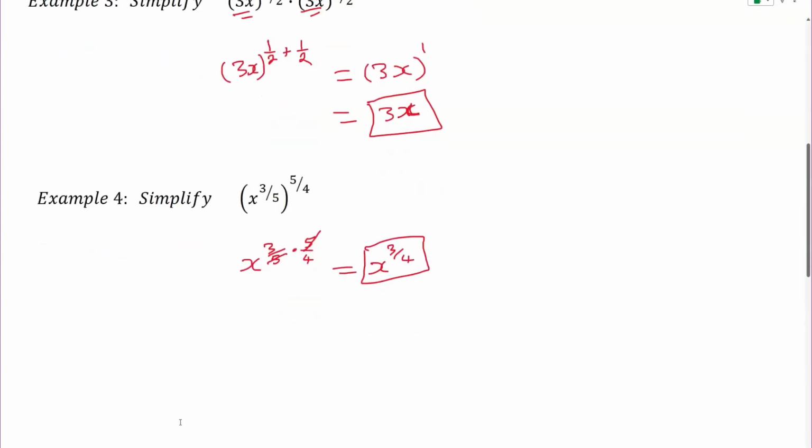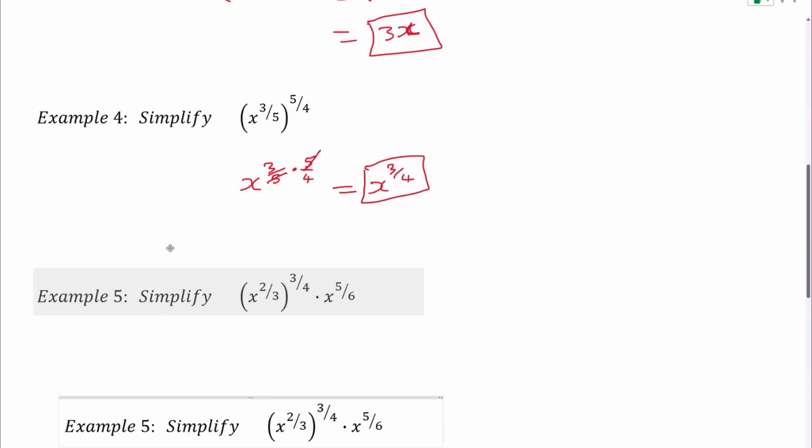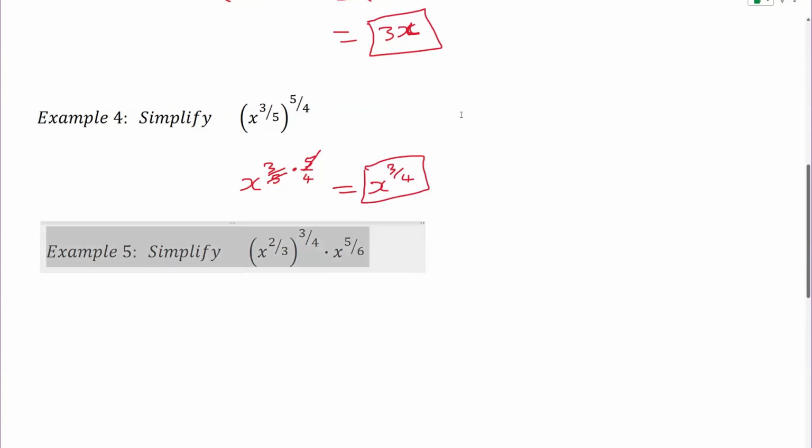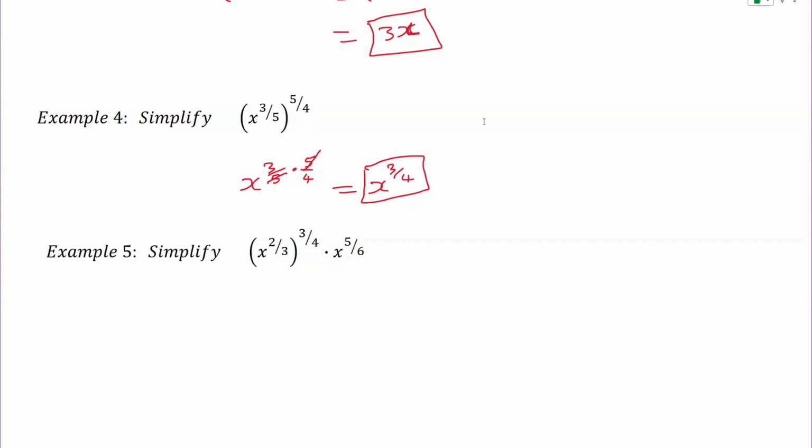All right, another example is now you want to simplify x raised to the 2/3, all raised to the power 3/4, and then you have to multiply that by x to the 5/6. So the process is the same. We're going to do this part first. It's a two-part problem, right? One exponent raised to another exponent, and then we want to multiply. So we're going to do the part where you have x to the 2/3 raised to the 3/4 first. Let's see what that equals.